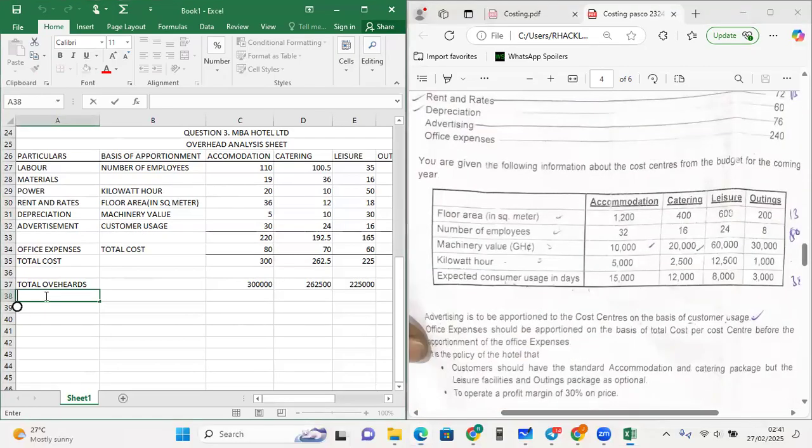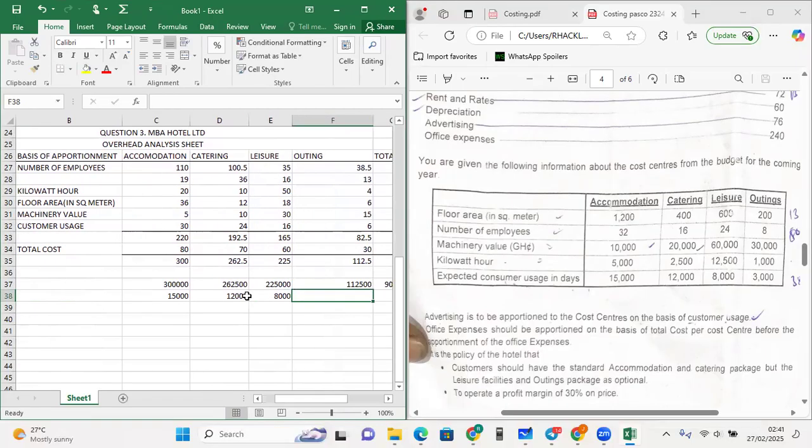So expected usage is this: 15,000, sorry, this is 12,000. This is 8,000. This is 3,000.